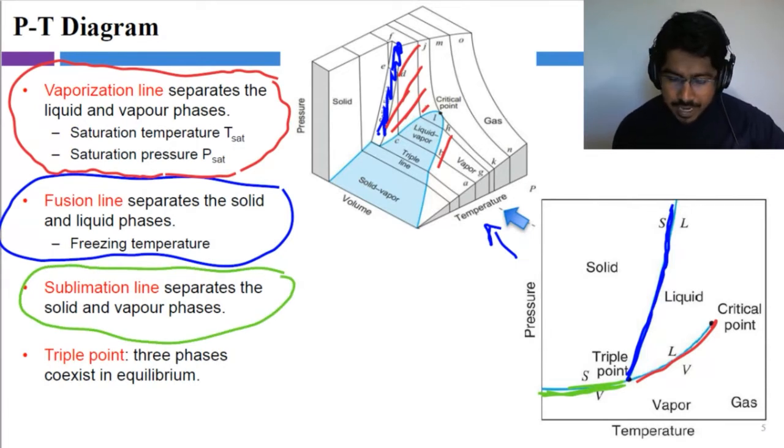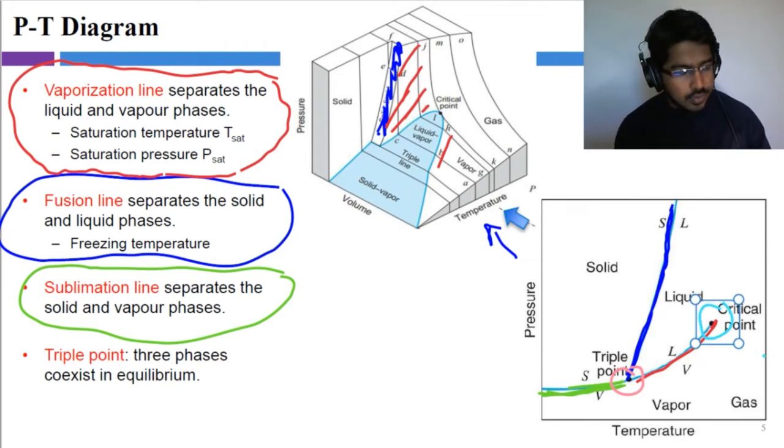And then we have our friendly triple point, right? We discussed it already. And in addition to that, we have a critical point, right?